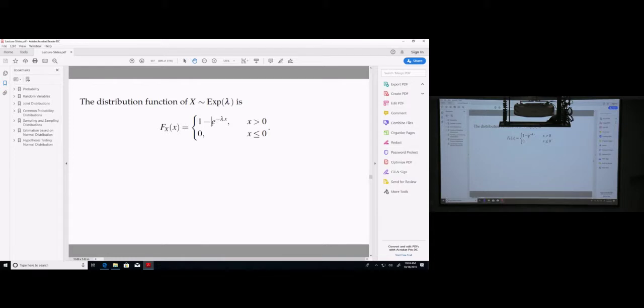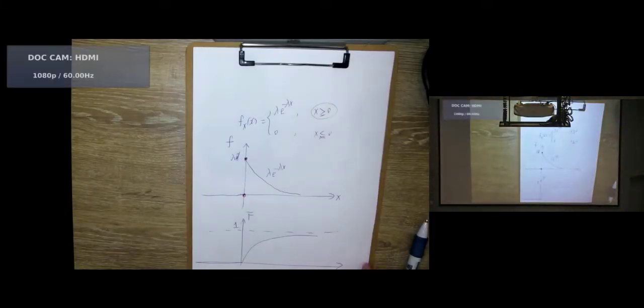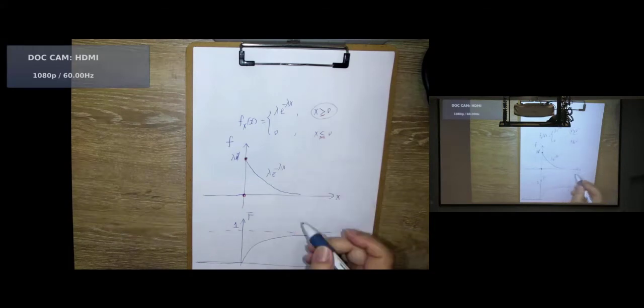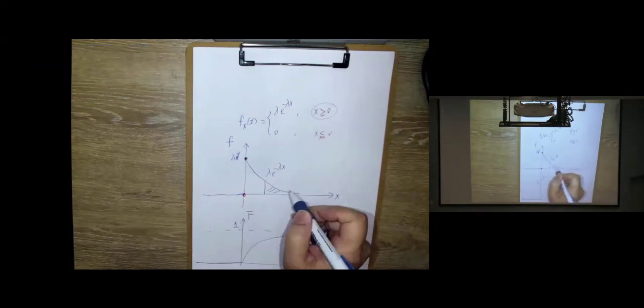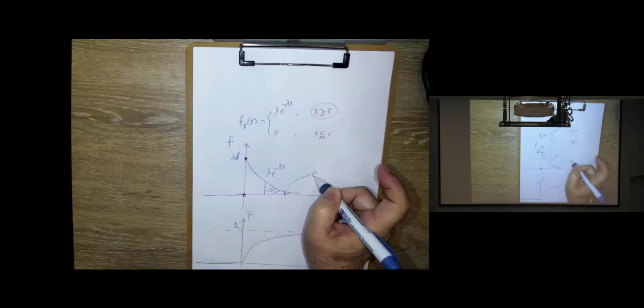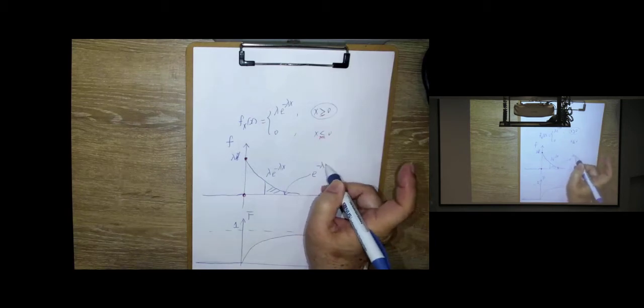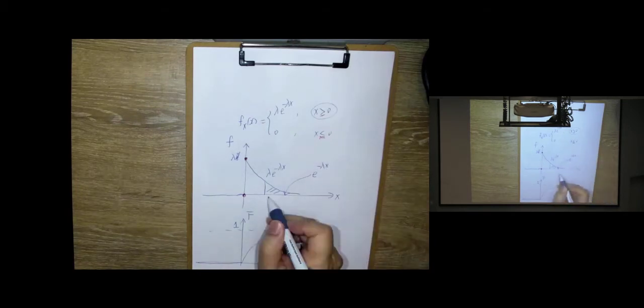All right. It is easier to remember, this is about the left area, what we call the left tail probability. But it would be easier to remember the right tail, because the right tail area would just be e to the power minus lambda times x, all right, if this is x.